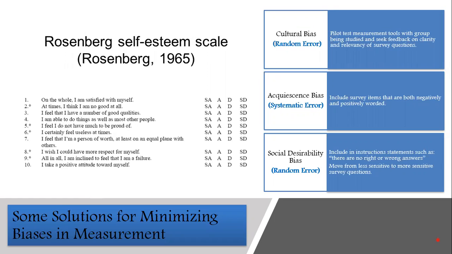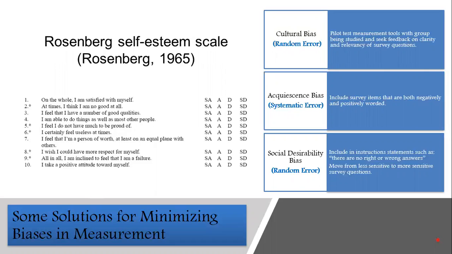Now let's discuss some ways in which we can go about minimizing biases in measurement. To address cultural bias, we can pilot test our measurement tools with the group we are intending to study in order to seek feedback and clarify relevancy of survey questions.